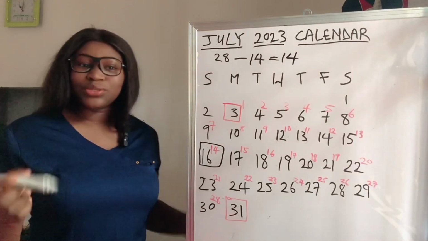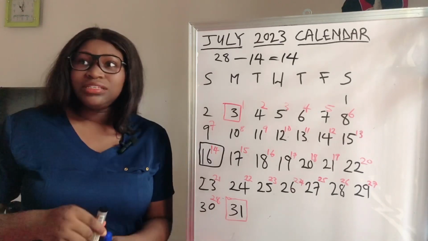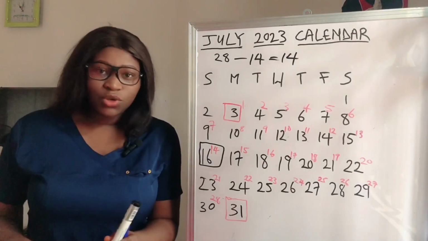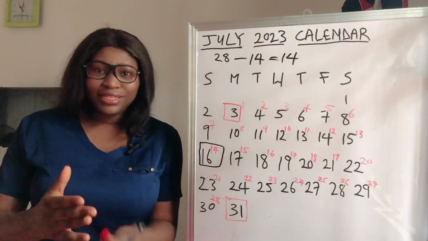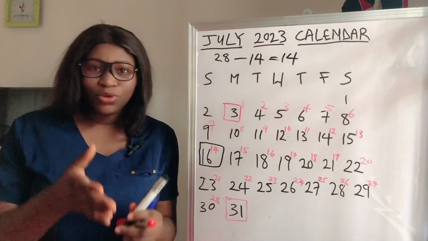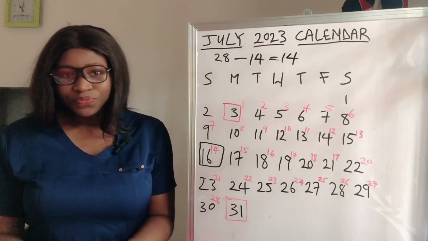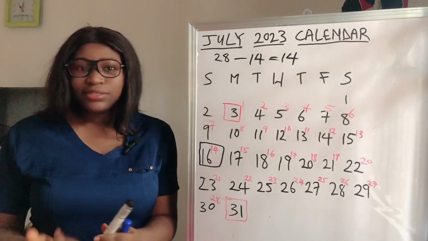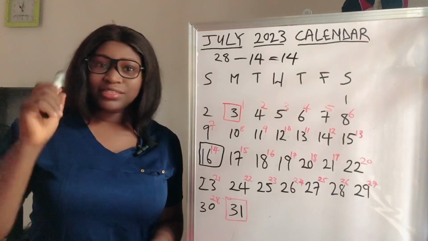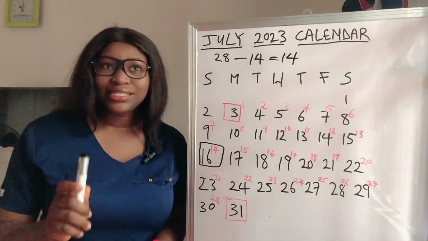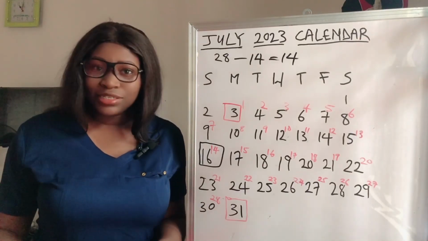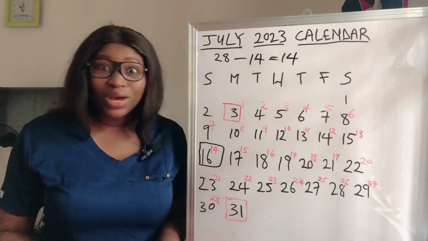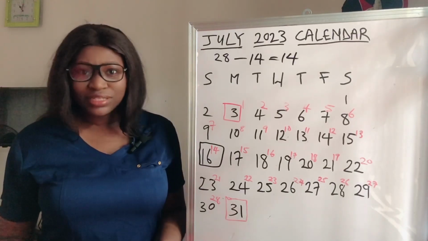Now, some people misunderstand this. They feel any menstrual length you get, all you have to do is to divide it into 2 and then you get your ovulation day. No, that's not correct. What you have to do is to subtract 14 from whatever cycle you get. If you're a 30 days cycle, you subtract 14 from it. If you're a 21 days cycle, you subtract 14 from it.